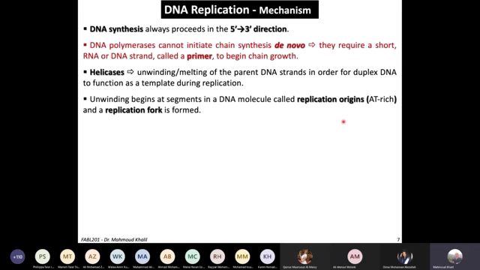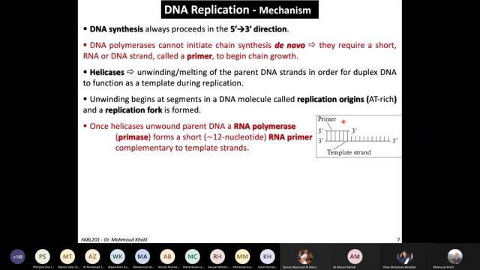At these replication origins, a replication fork is formed. Once helicases unwind the parent DNA molecule, RNA polymerase, which is called the primase, forms a short, around 12 nucleotide sequence, called the RNA primer, which is complementary to the template strand.